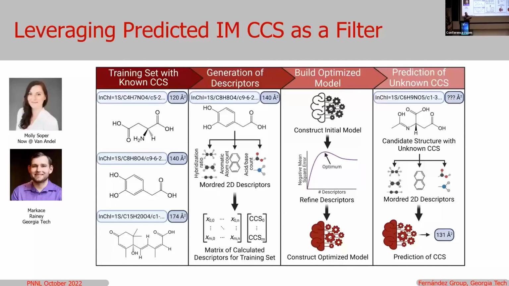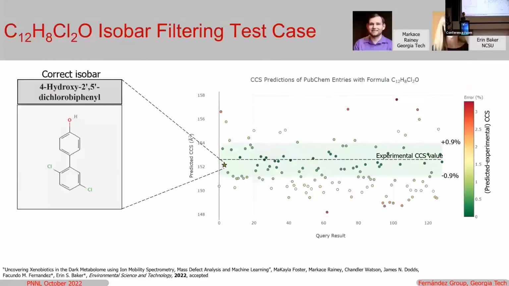This is an approach that has been used in drug discovery for decades. So we calculate molecular descriptors for those molecules, and those molecules need to have experimentally measured collision cross sections. And then we build a model, let's say using a support vector regression model, using some select molecular descriptors. And then we apply that model to unknowns, and we filter those molecules using the unknowns.